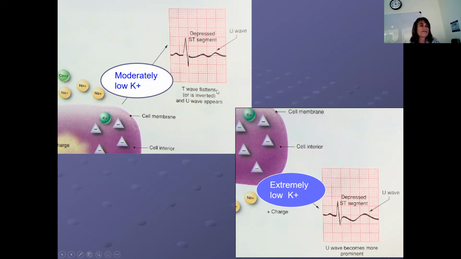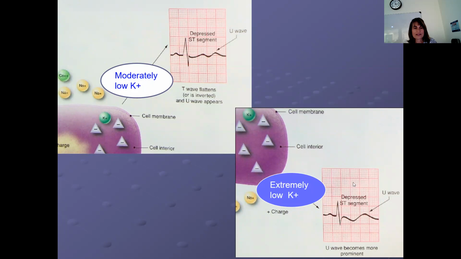So it says the T wave. Go ahead, Tiff. Yes. Okay, and then with extremely low potassium, the U wave becomes more prominent.